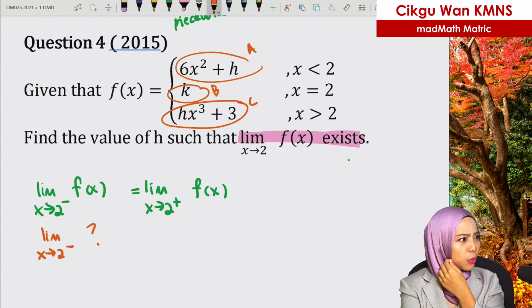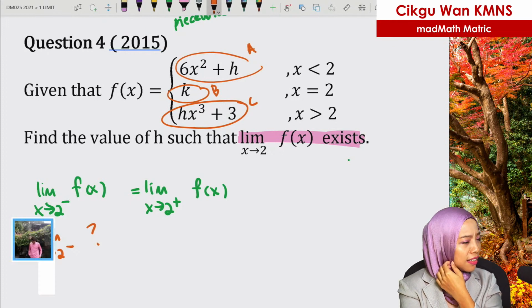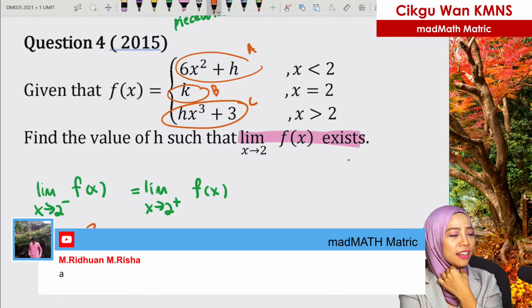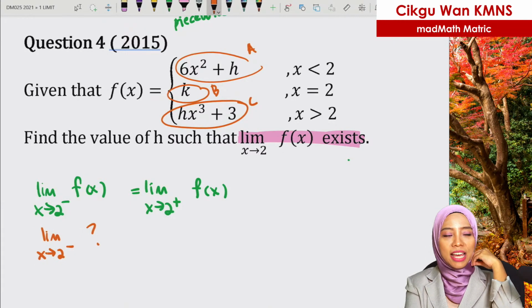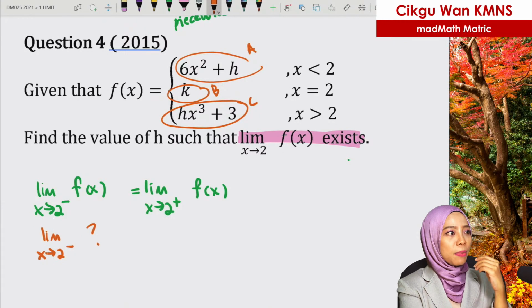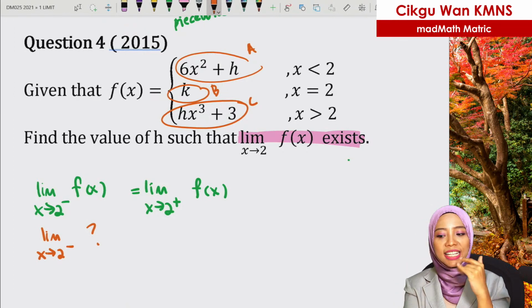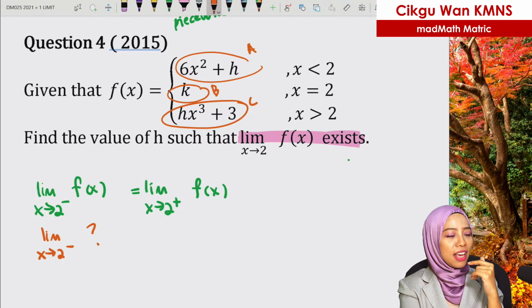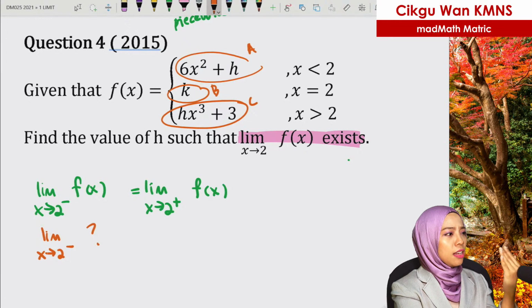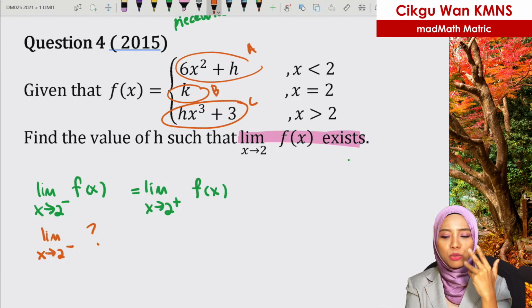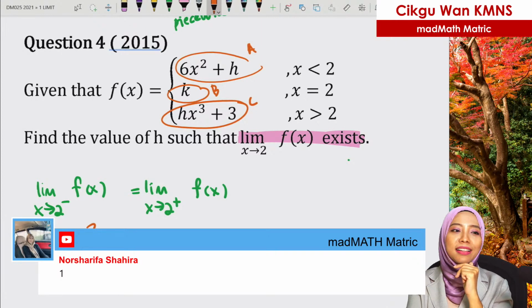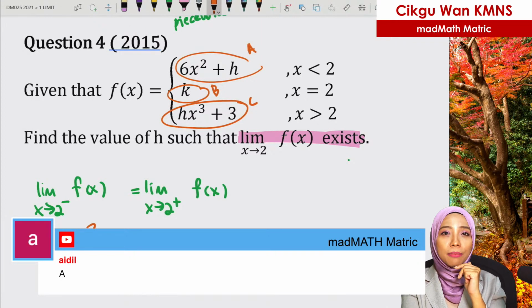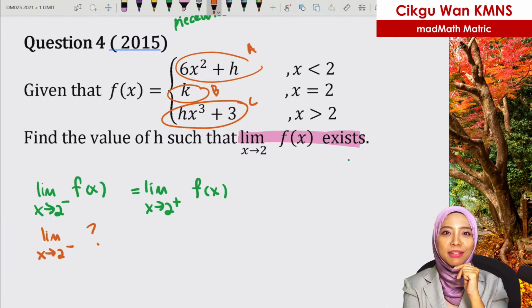Yes, very good Ridwan. Jangan kata lelaki tak hebat. Hebat ni. Okay, 6x squared plus h. Very good. Sufia, atas sekali. Bagus. A. Aidil, Alia, Sharifah, Syahira, Zaris, semua cakap A. Brilliant. Macam tu lah. Matric students.